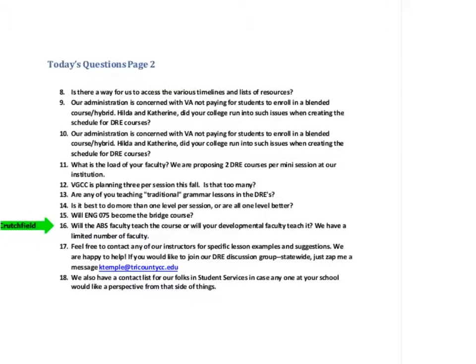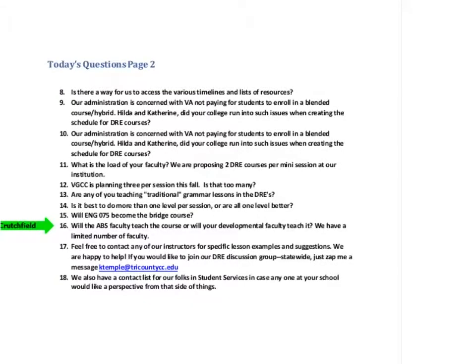About developmental faculty teaching the basic skills, yeah, I think Cynthia spoke well to that particular course because it will have to go under the Adult Basic Skills and their support and dollars.